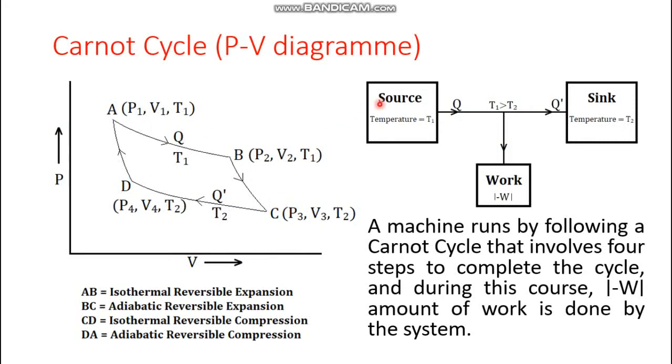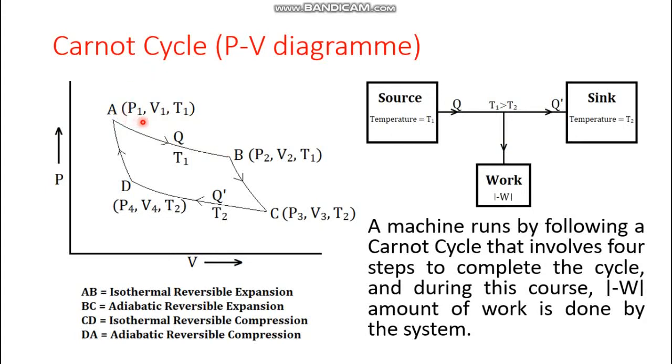So here, the system was at temperature T1 and connected to the source, and the system took some heat Q and underwent isothermal reversible expansion. The system was initially at state A, where the temperature was T1, pressure was P1 and volume was V1. Now it is undergoing isothermal reversible expansion.